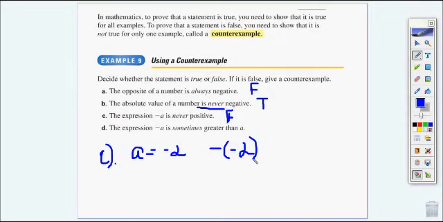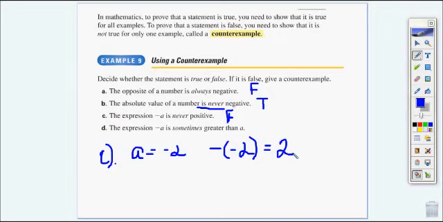So when we see a negative, that's also, we could say, the opposite, using our new vocabulary, the opposite of negative 2, or a negative with another negative changes that to a positive. So that answer is that it is positive. Therefore, I had one example proving that it was false. The expression is never positive.